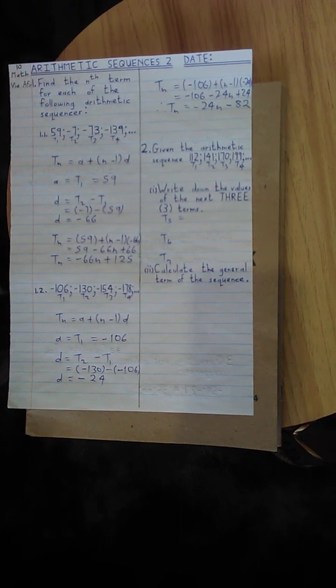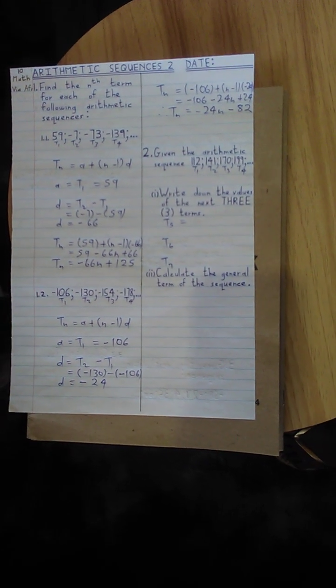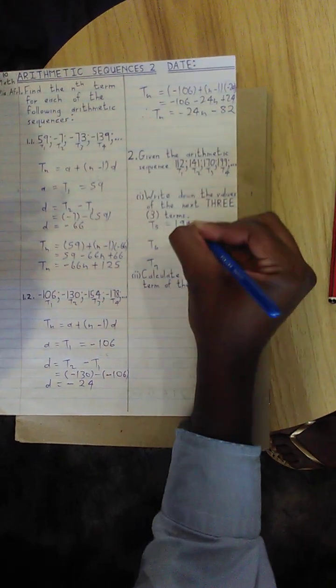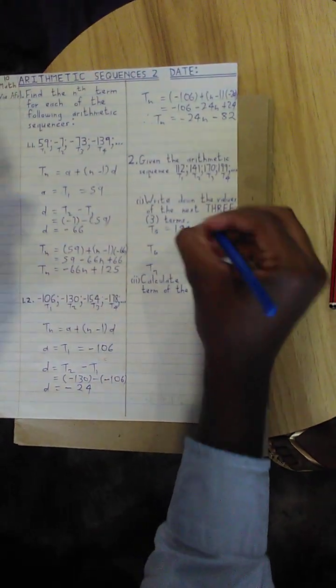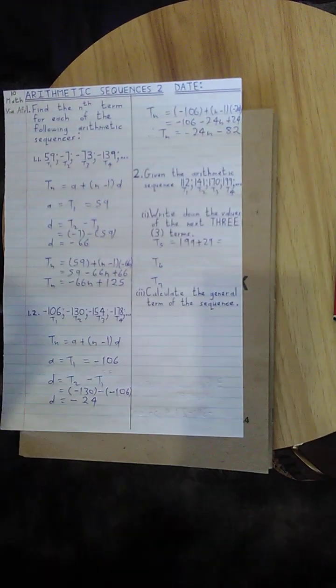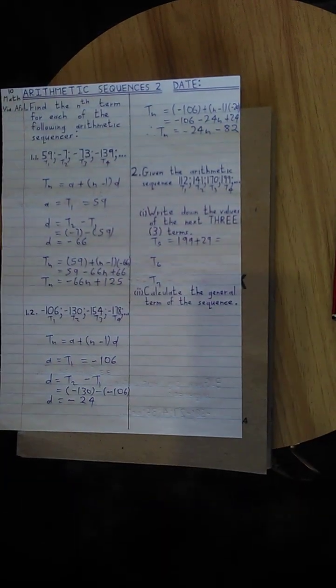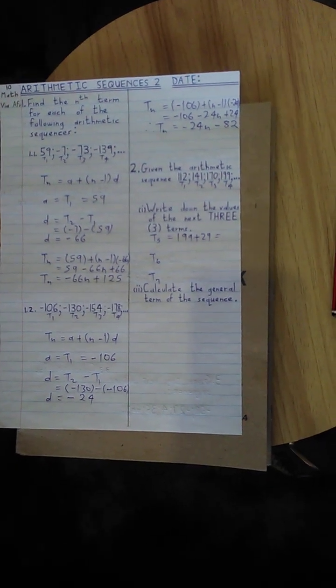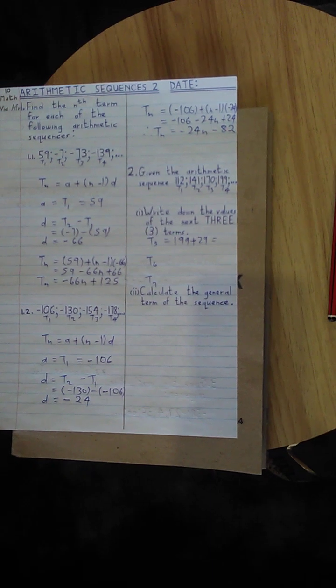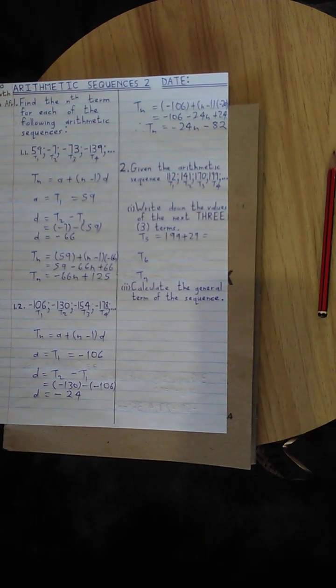Right? So T5 is T4, which is 199 rather, plus 29, which is 228.